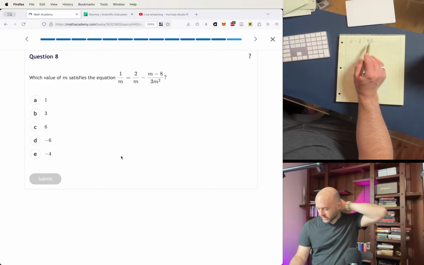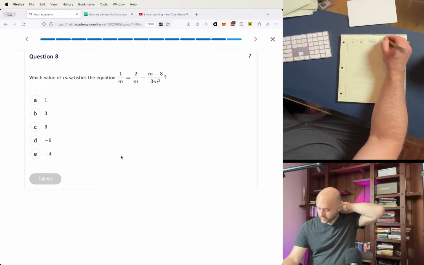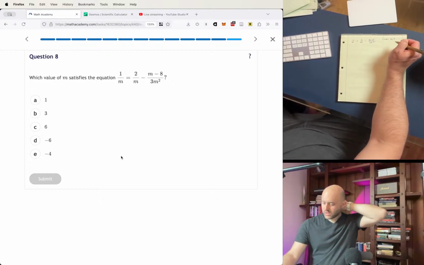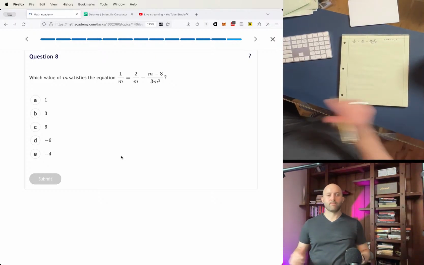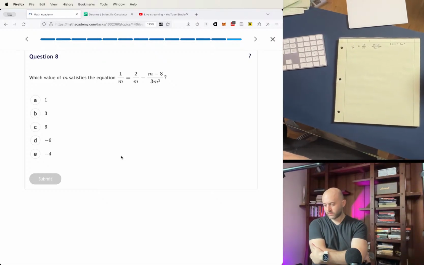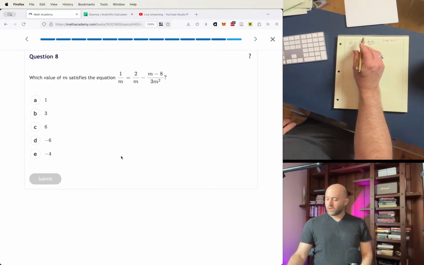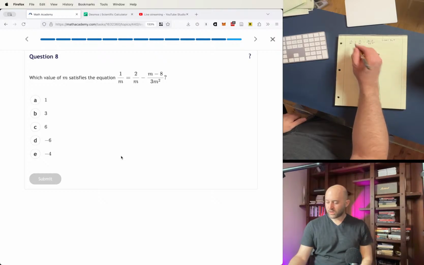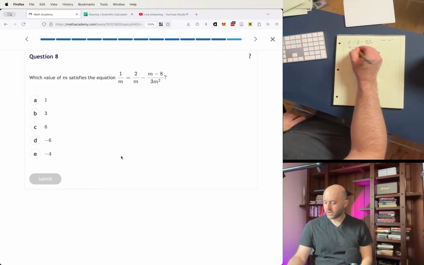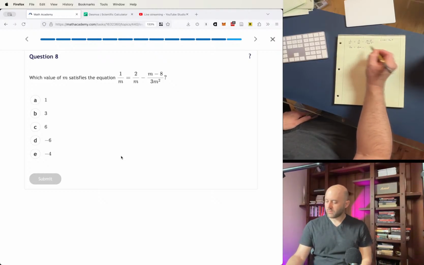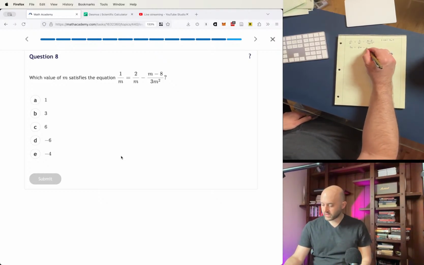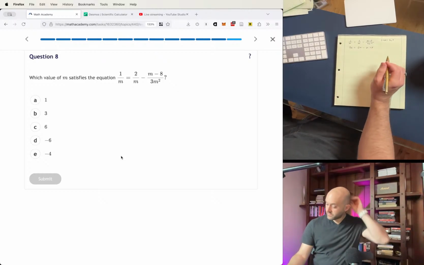So the least common multiple here is 3m squared. 3m squared, come on. So just 1 times this, take out one of the m's, is 3m equals, and we have 2 times 3m, so 6m minus, so 3m squared just goes here, so minus m plus 8.